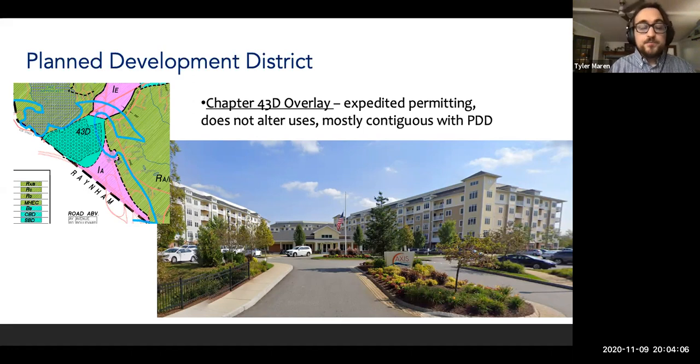And I don't know if it's directly because of that overlay, but in recent years, there has been a lot more development in this area after not having as much for a while. This is Access at Lakeshore, a huge residential apartment development in that area.